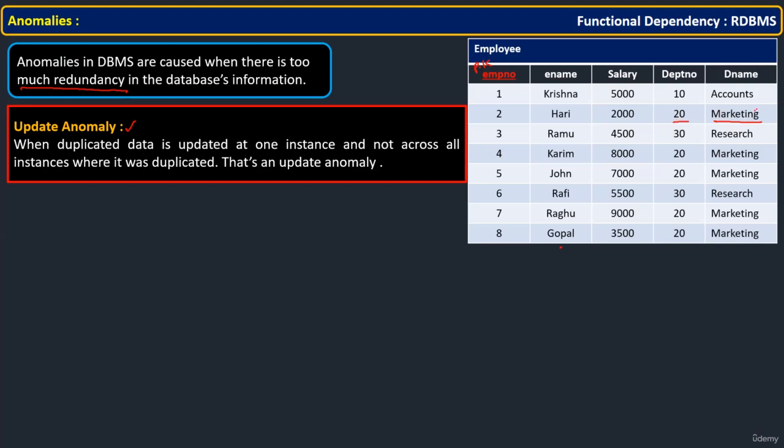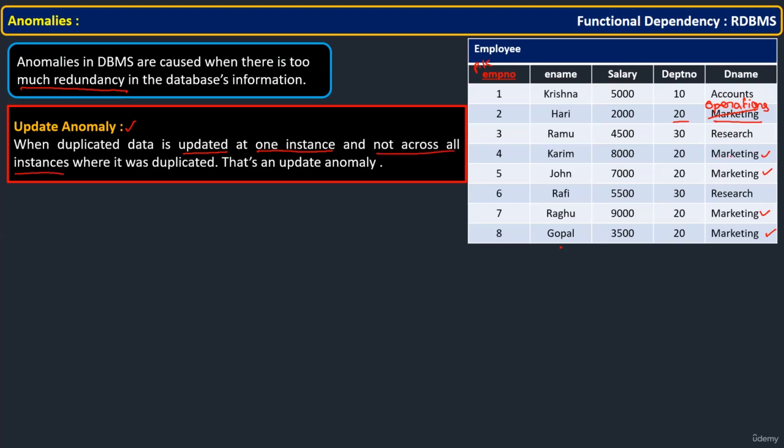For example, instead of marketing, I want to set this as operations. One of my departments is operations, which I newly assigned 20. You can see the duplicated data: marketing appears in so many positions, but at one instance only we updated it. I may update it in one more instance also, but not all instances.